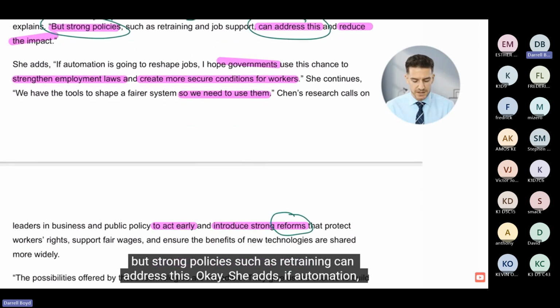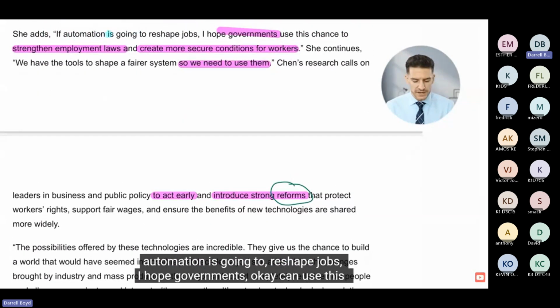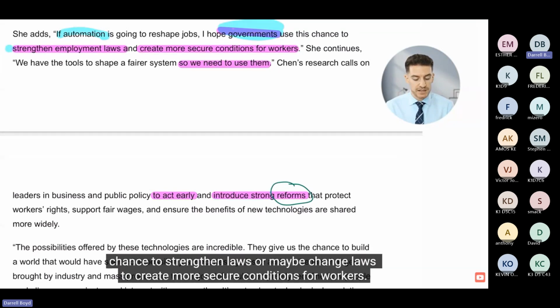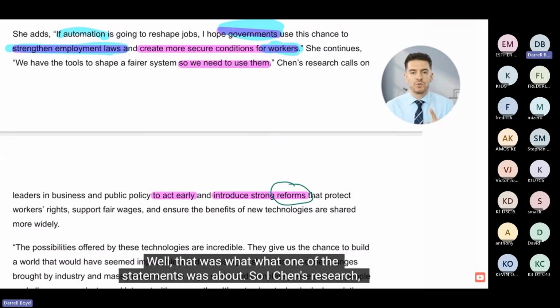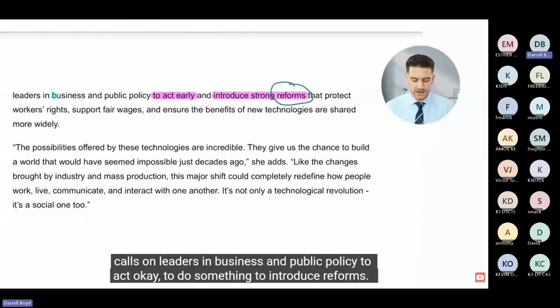Okay. She adds, if automation is going to reshape jobs, I hope governments can use this chance to strengthen laws or maybe change laws to create more secure conditions for workers. Well, that was what one of these statements was about. So Chen's research calls on leaders in business and public policy to act, to do something, to introduce reforms.